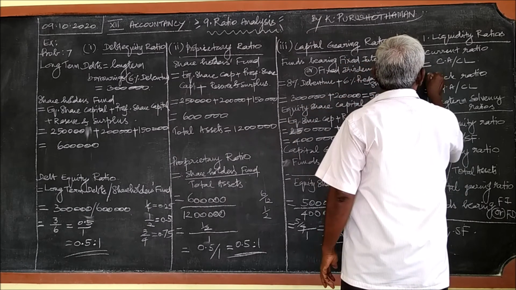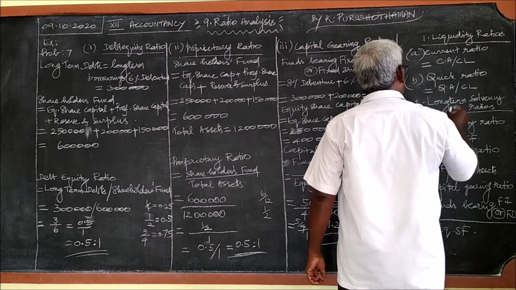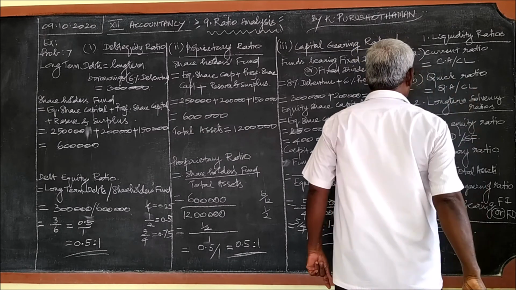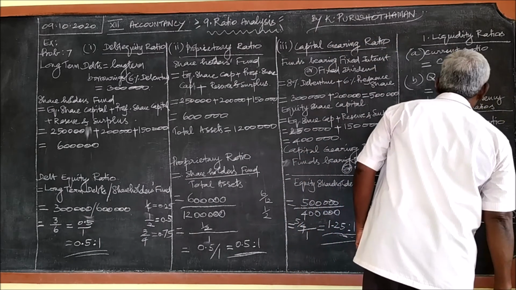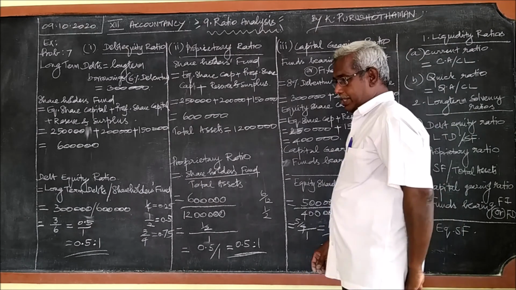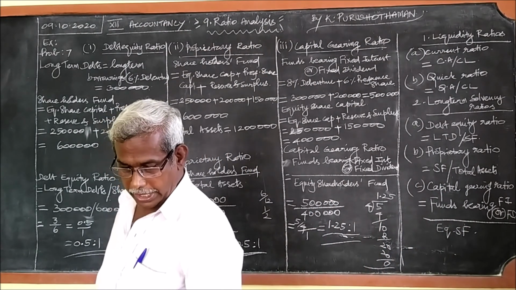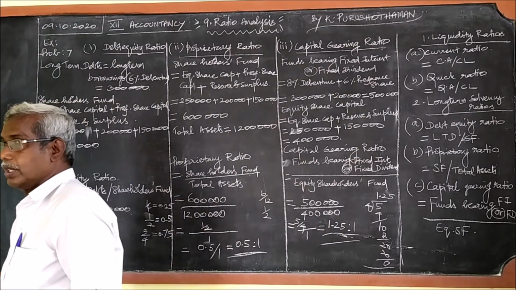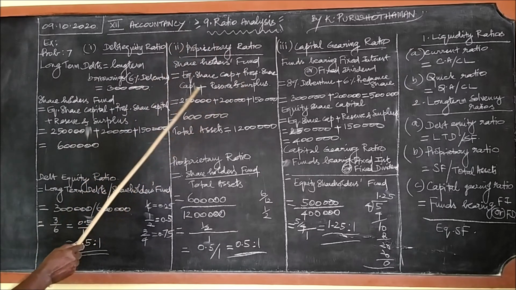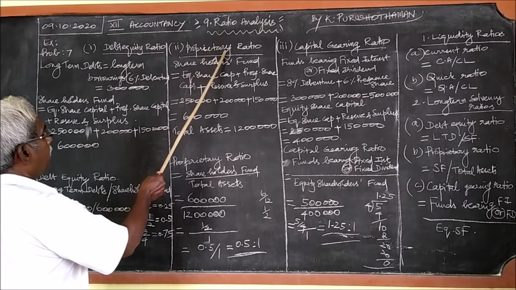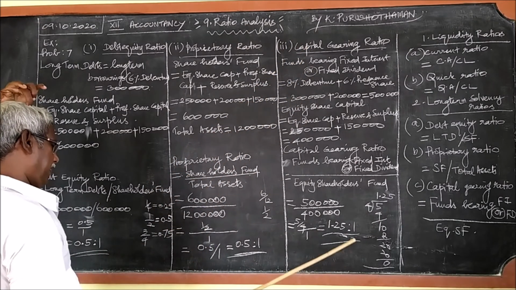And the second type is quick ratio, which is equal to quick assets by current liabilities. Then the next type is long-term solvency ratios. For long-term solvency ratios, there are three types: the first one, debt to equity ratio; the second one, proprietary ratio; the third one, capital gearing ratio.